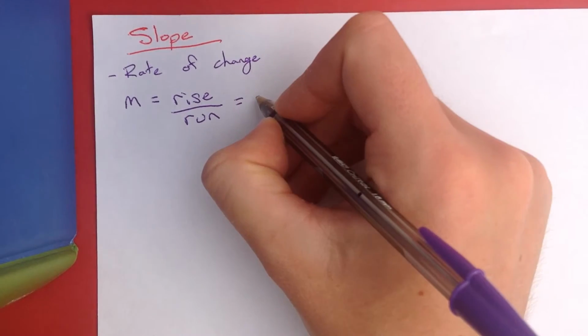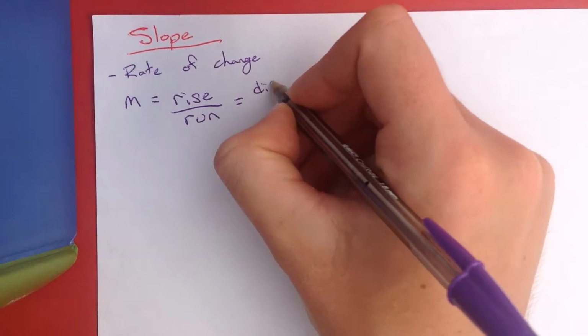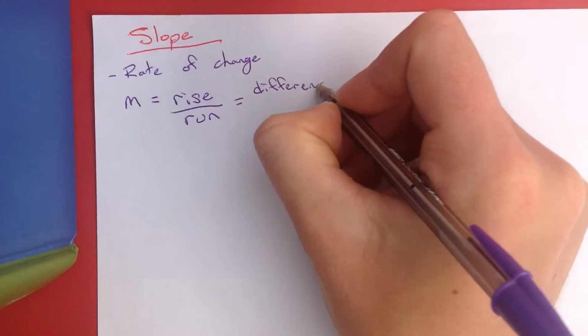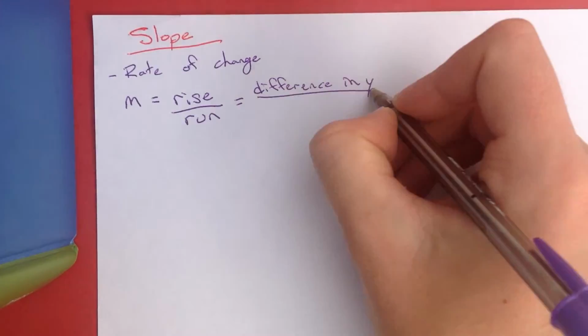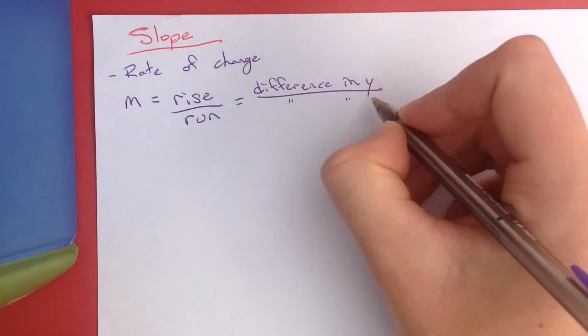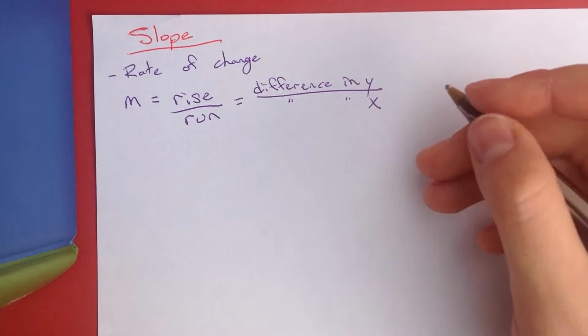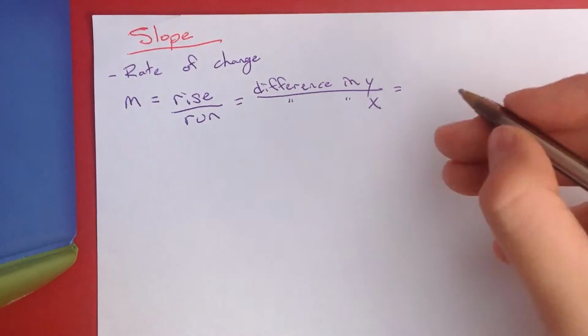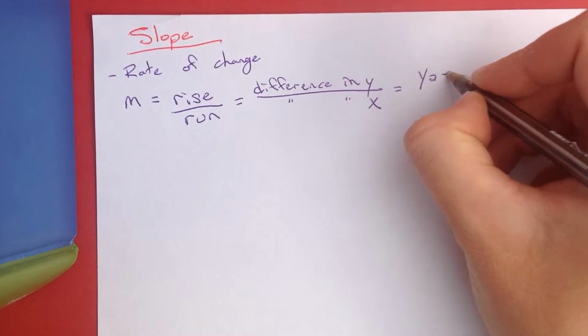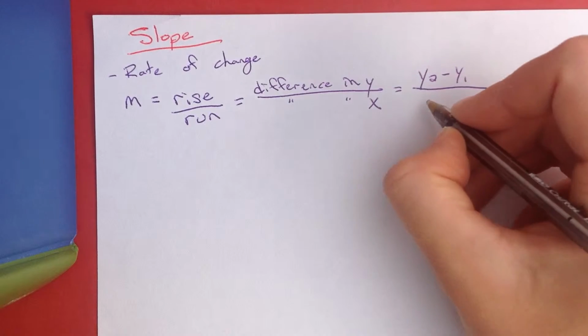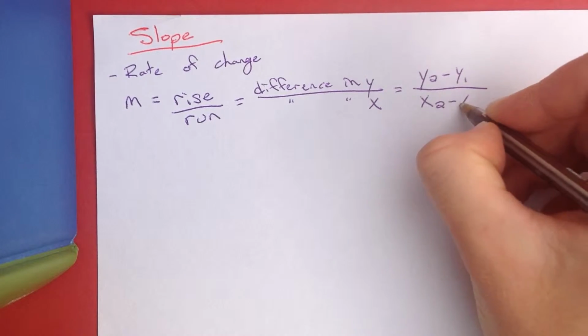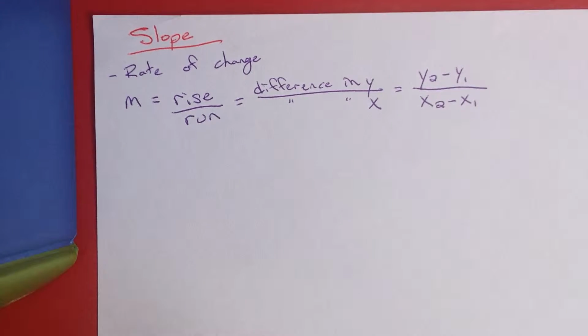Another way to say this is the difference in y over the difference in x. Lastly, the way we find this algebraically would be to say y2 minus y1 over x2 minus x1.